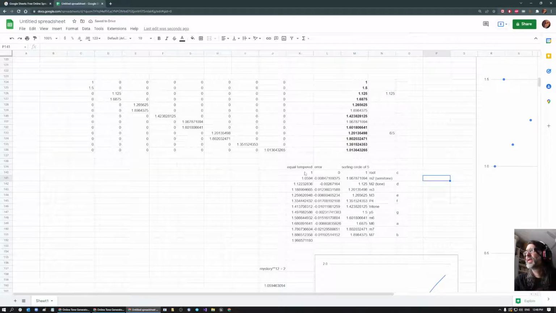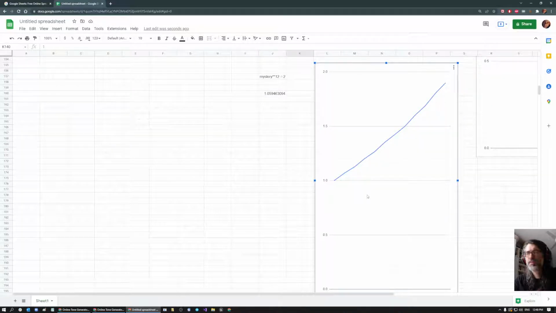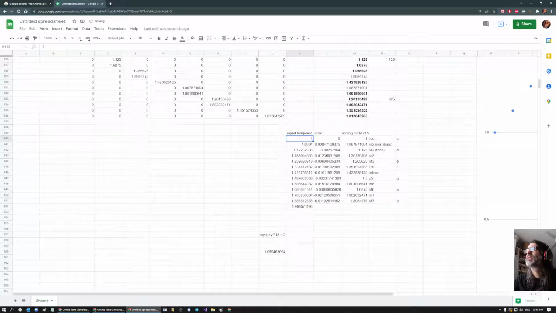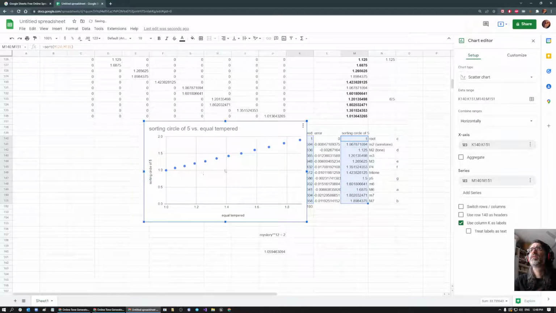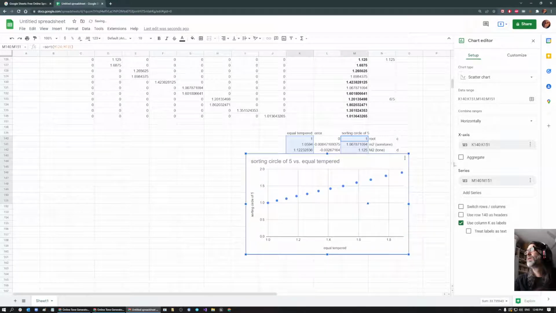And what we want to do is, let's kill this one and look at this and this, and make a graphic of this, equal tempered. Oh, I don't want that. I want them to be like a series.